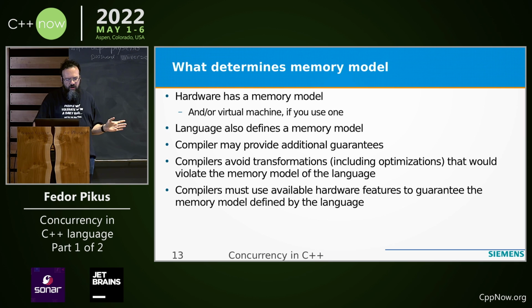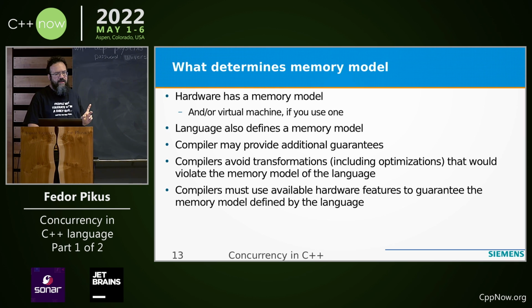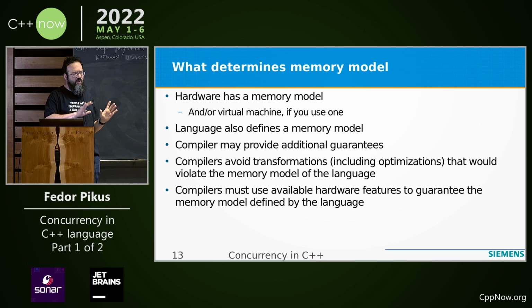So as I said, hardware has a memory model, language provides a memory model, compiler provides a memory model. The memory model is important not just for the hardware, but also the compiler itself has to avoid making transformations that would violate the guarantees of the memory model. Hardware, obviously, if you have lock and unlock, there is something special going on in hardware that forbids shared access to the critical section.